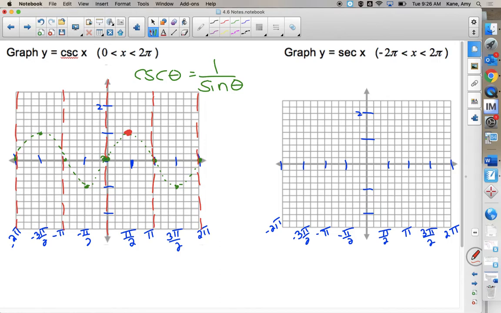Pi over 6. Okay, so at pi over 6, the sine is 1/2, which looks right about here. So if sine is 1/2, what's the cosecant going to be? 2. So I'm going to have a point up here at 2 when the sine is 1/2. And over on the other side, I'm going to have that same point when the sine is 1/2.